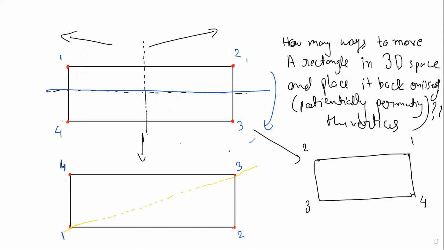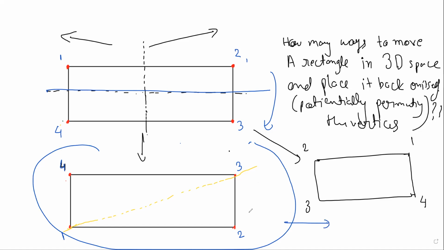And in this you apply the reflection. In this you flip about this. Then you get 3, 2, 4, 1. Yes, perfect. This is the easiest way.